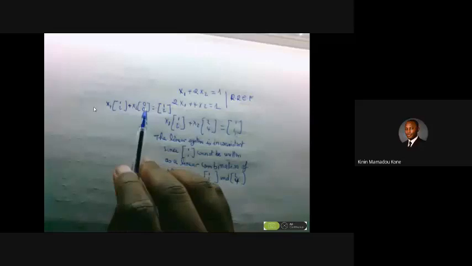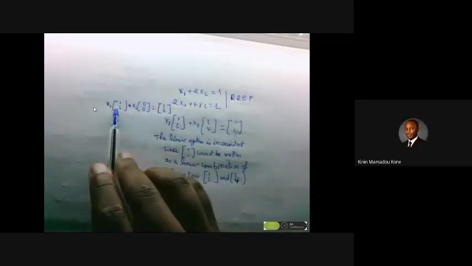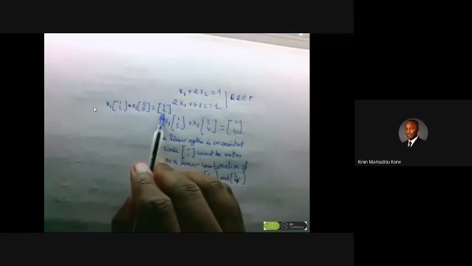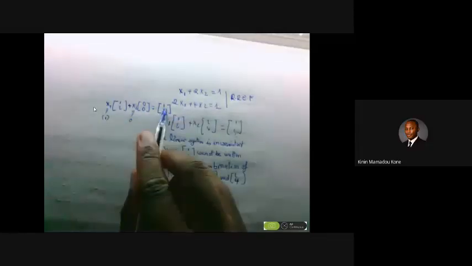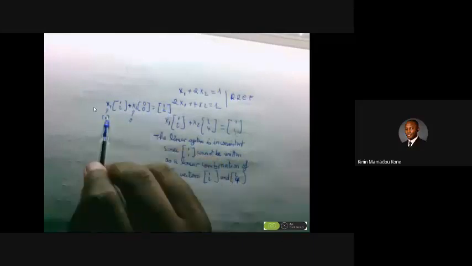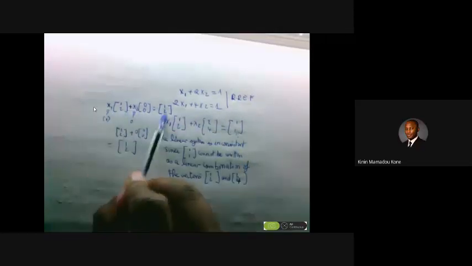Okay, this one is consistent. Here, you know that in order to get (1, 2) over here, if you take x1 as 1 and x2 as 0, then you have 1 times this vector, which is (1, 2), plus 0 times this one. If you add them up, you have (1, 2). So in that case, you can easily see that it is consistent.